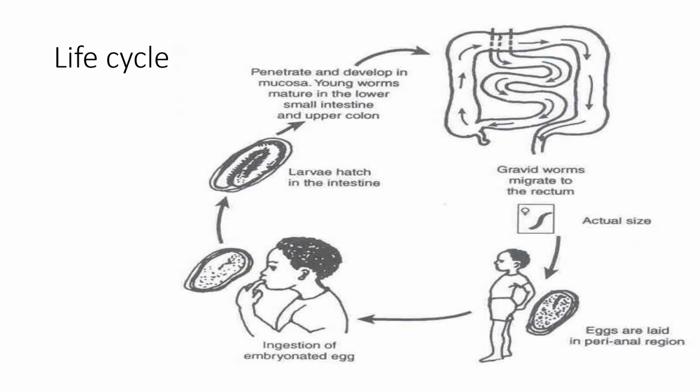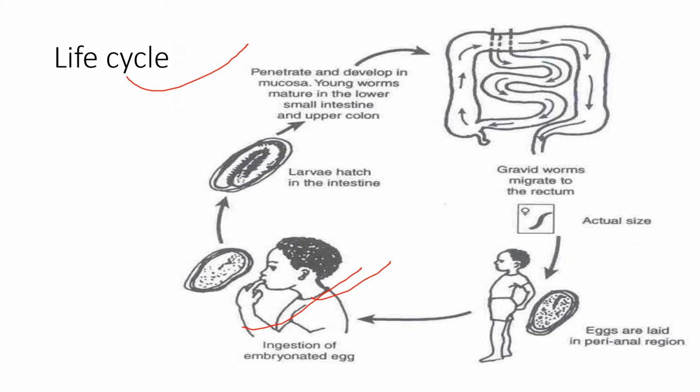Now we are going to discuss the life cycle. In this also it is usually the fecal-oral route. The child ingests the egg, maybe by using hands contaminated with the egg, or by drinking or eating food which is already contaminated with the egg.